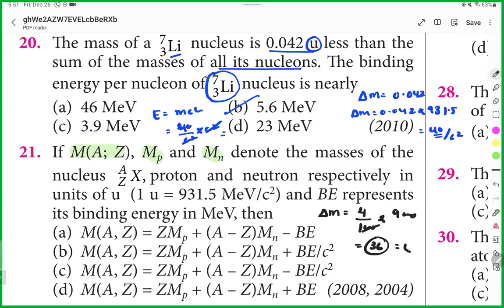Same will be the energy, and binding energy per nucleon will be 36 divided by 7. It will be more than 5 because you already had 931 also. What is the answer? More than 5, only one. You made a mistake in calculation. Yes sir, got it. Do 21st question.